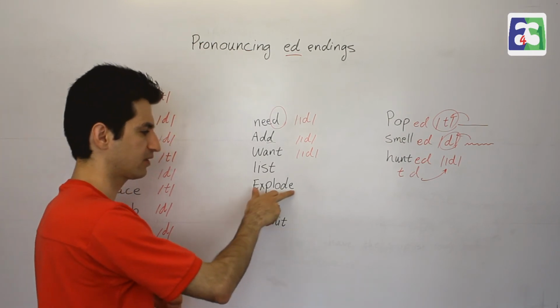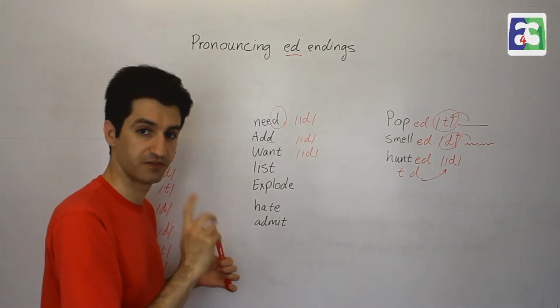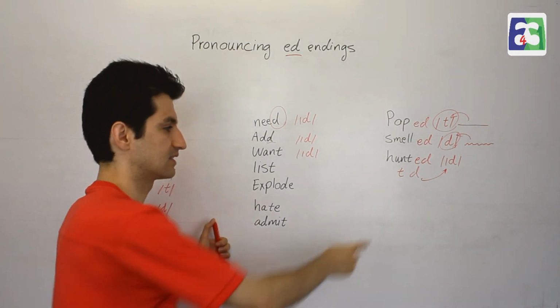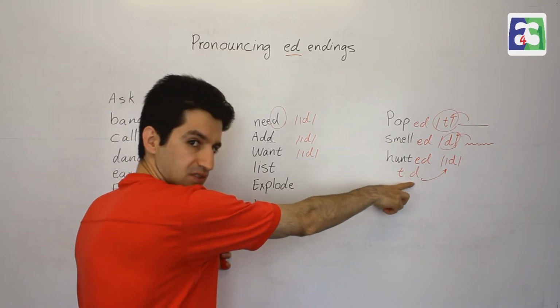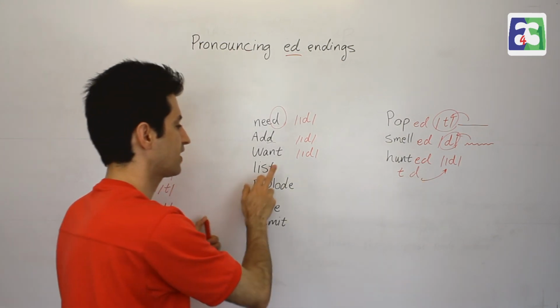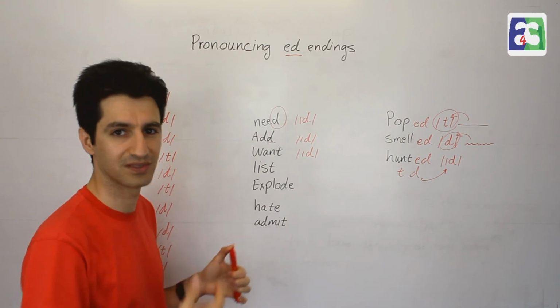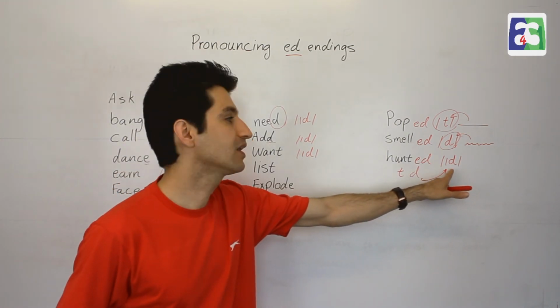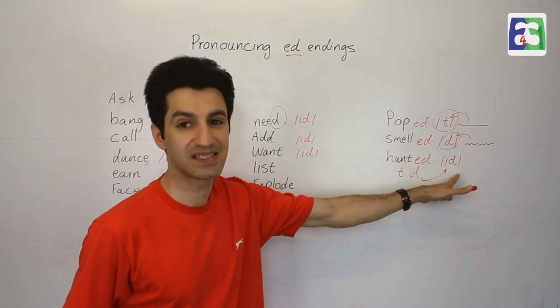I have E over here or over here, but it doesn't matter. The final sound that I produce is either T or D. In these cases, I add id. I pronounce ed as id.